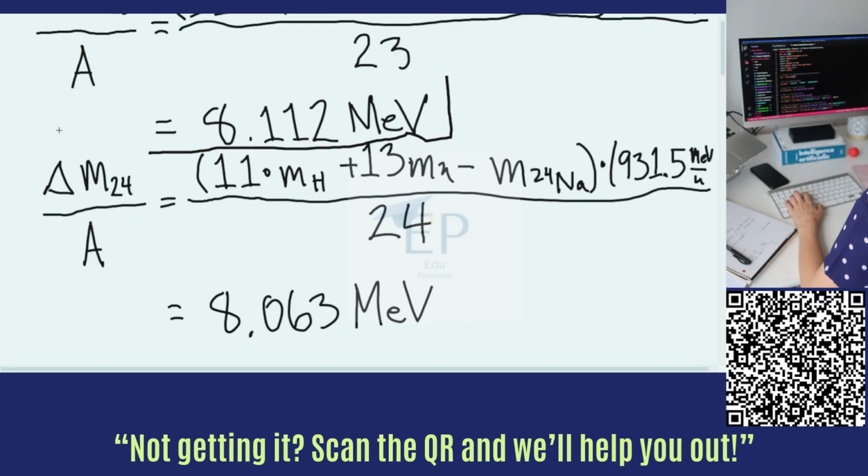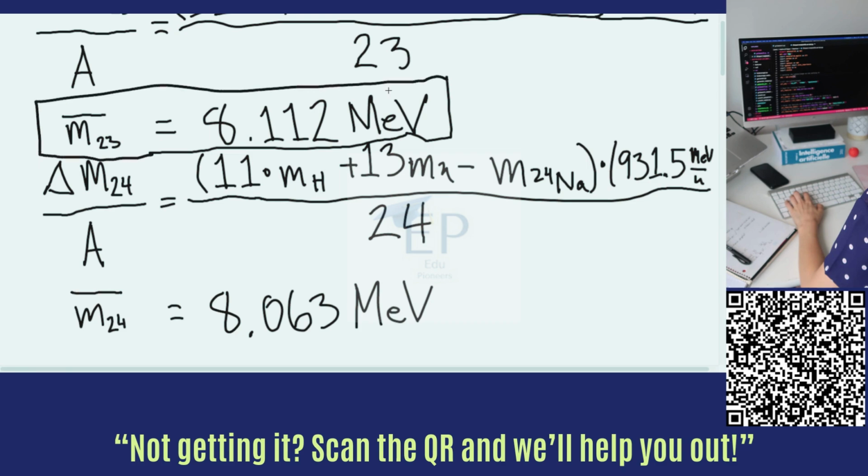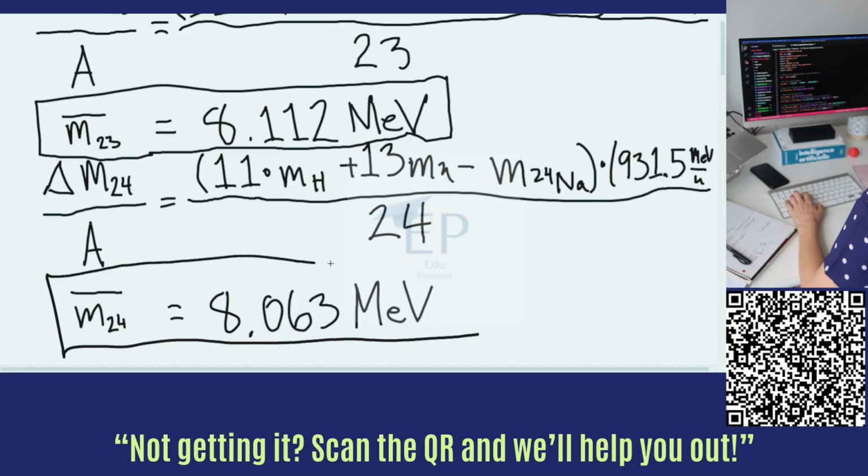We'll call this the average binding energy for 23, and we'll call this the average binding energy for 24. And again, that was per nucleon. Okay, and that concludes our problem.